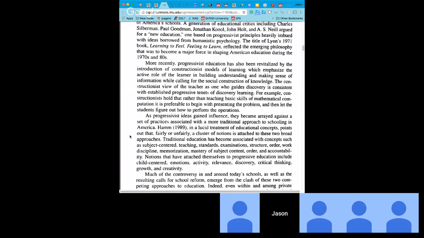Now, he uses the term progressivist, and particularly in that respect around the concept of constructionism. And we see that in many of our pedagogy today around constructionism, but also connectivism and a number of other pedagogies that have emerged out of constructivism.